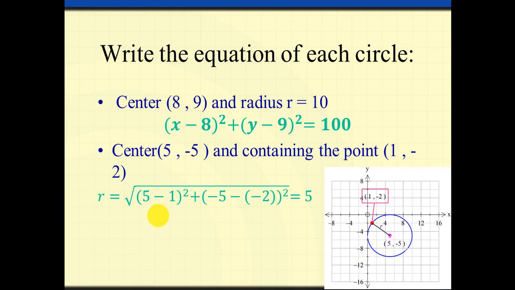Now we have the center of the circle and the radius length, so we can use the standard equation of the circle. The equation is (x − 5)² + (y − (−5))² = r². But r equals 5, so r² equals 25.